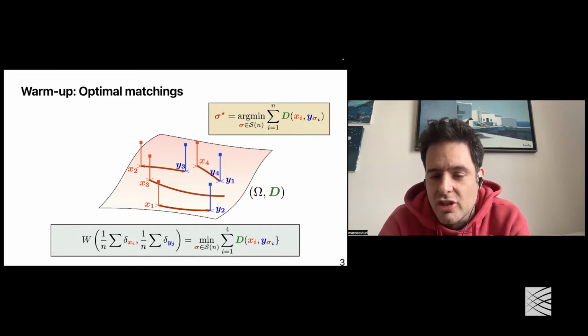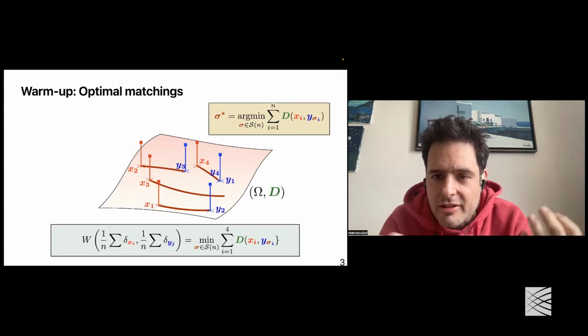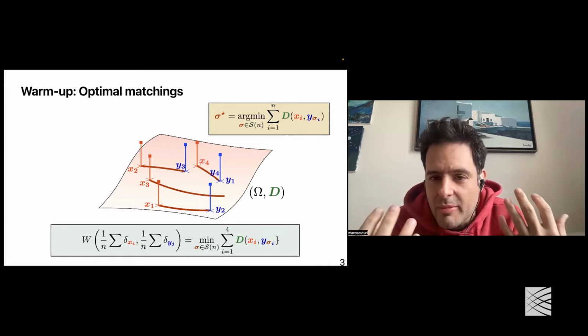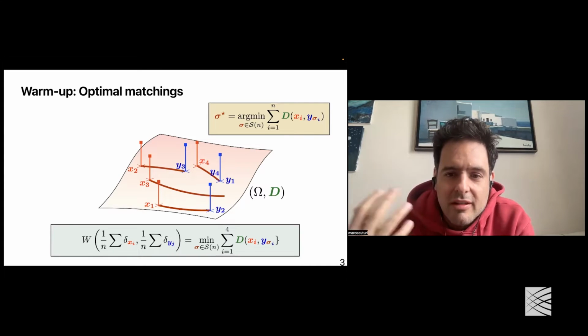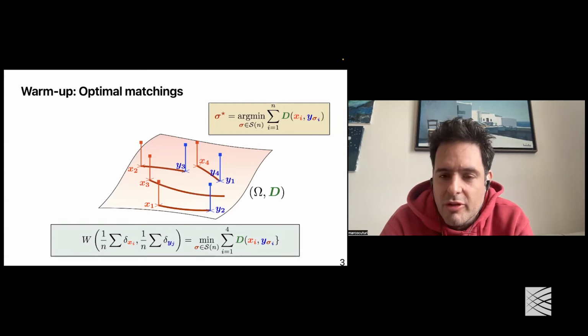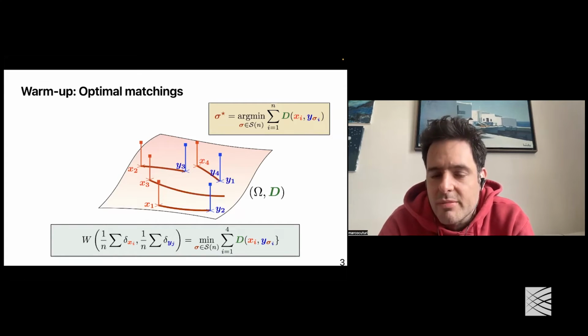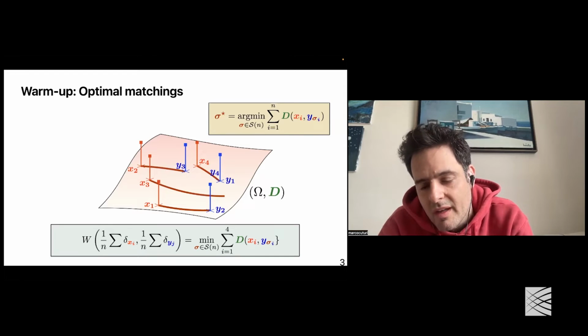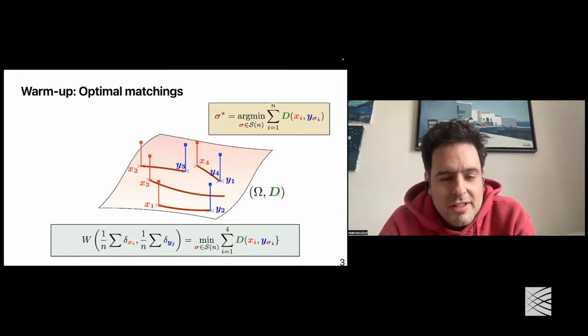So it's just the difference between the min and the argmin. And I would like to highlight that distinction now, because I will be using it in the next slides. On the one hand, this is the best cost you can achieve with any permutation, and sigma star is going to be the best permutation that helps you achieve it. So that's it for this small warm-up.